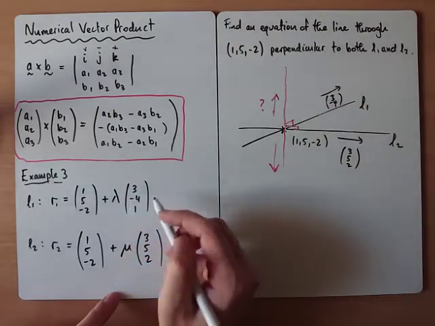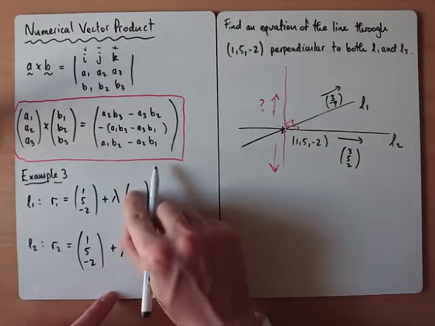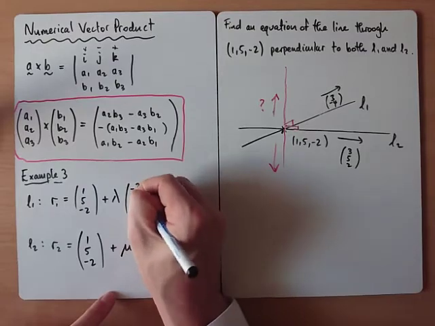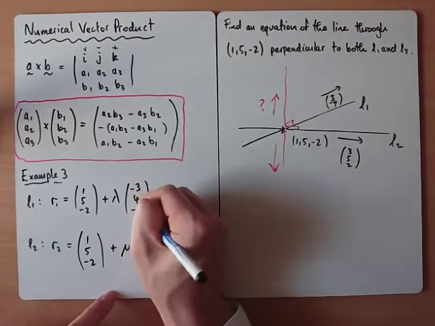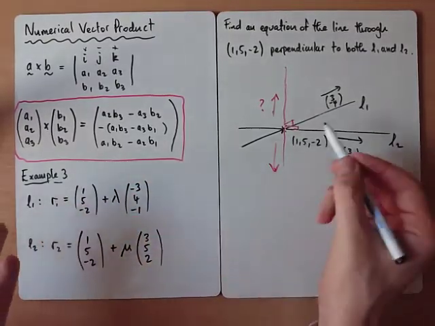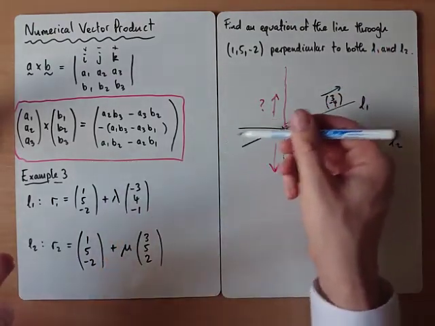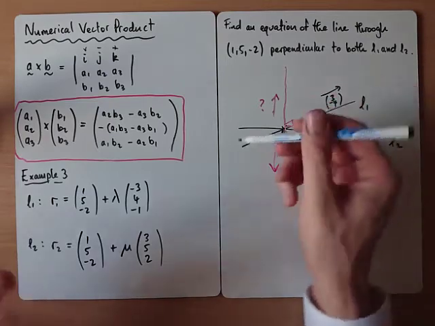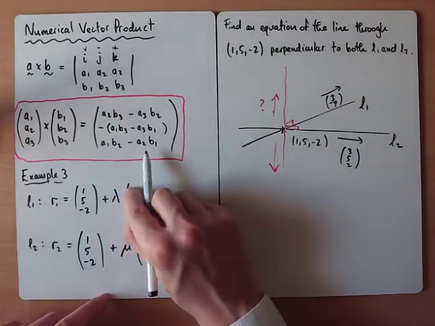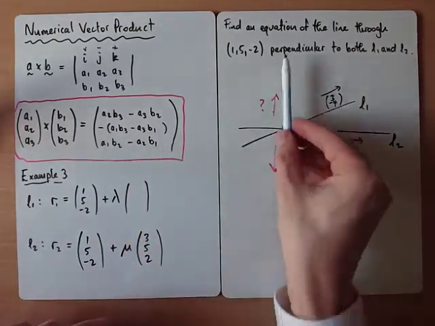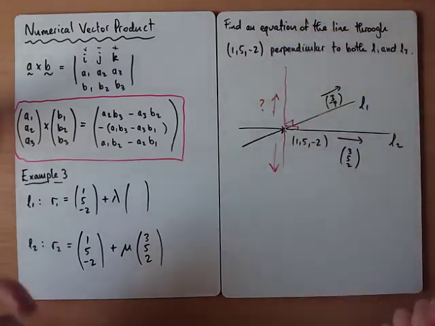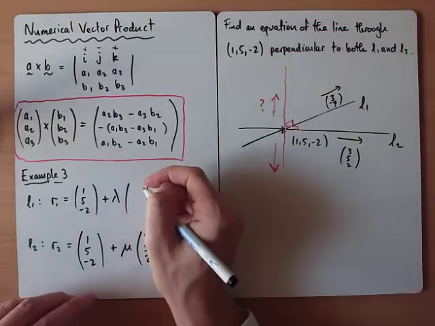Imagine if I wanted to write this line, I could have also written that as (-3, 4, -1). That line there is the same direction as that one. It's just that the lambda value would be slightly different. It still takes you along the line, doesn't it? So it doesn't matter which direction we cross product them, because we're still going to get a vector which points in the direction of that line. Okay.